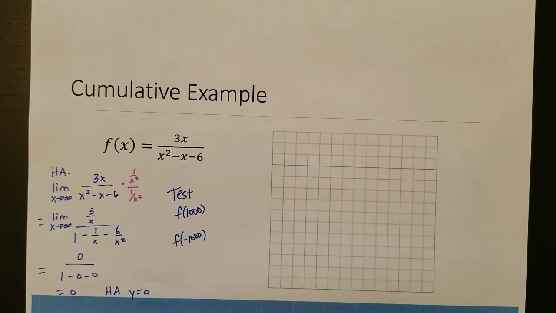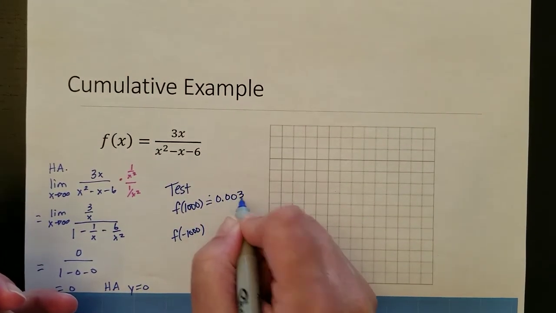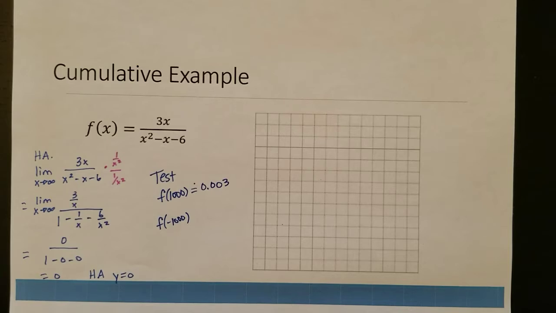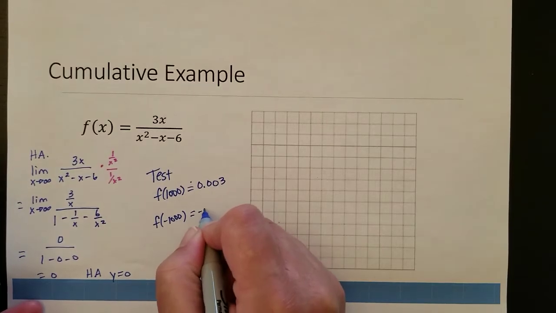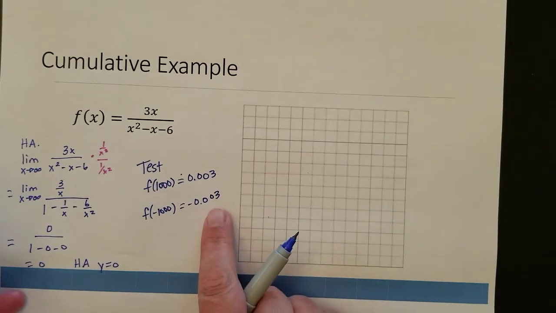So I'll test the positive 1,000 and I get that this is about 0.003, and testing the negative 1,000 I get that that's about negative 0.003 again, that'll round there.